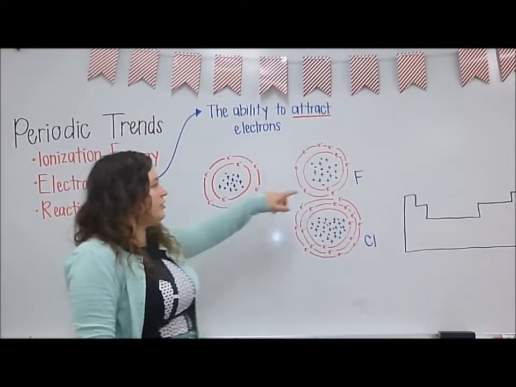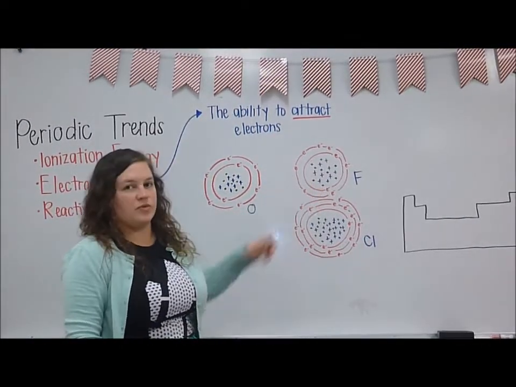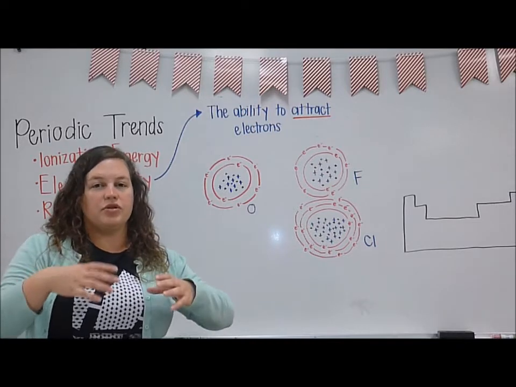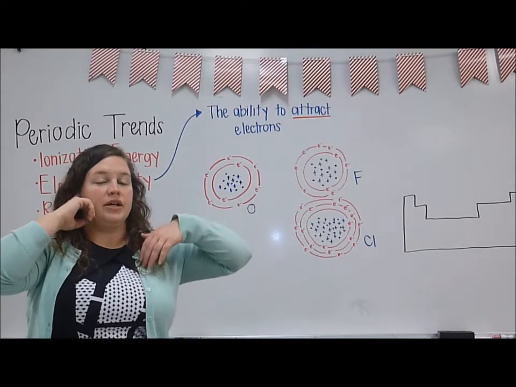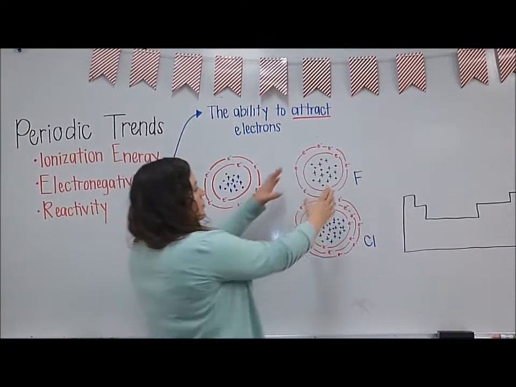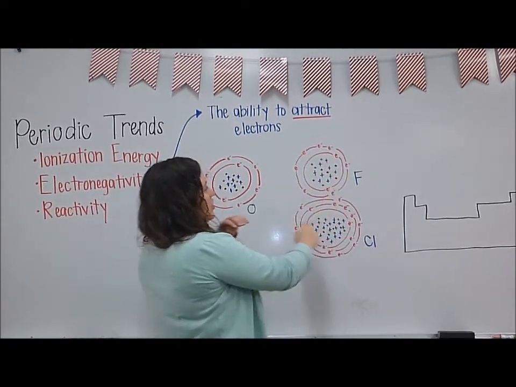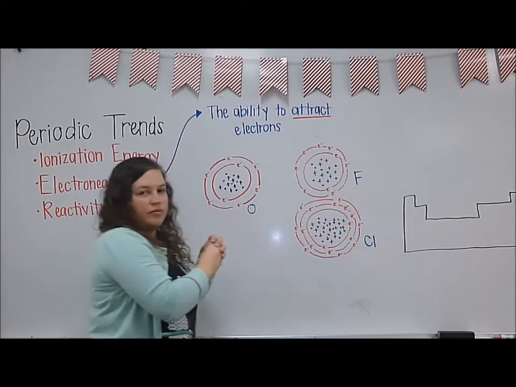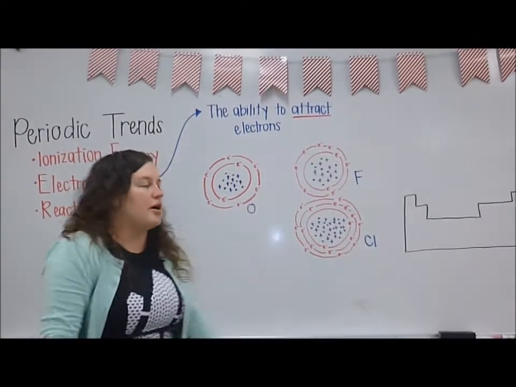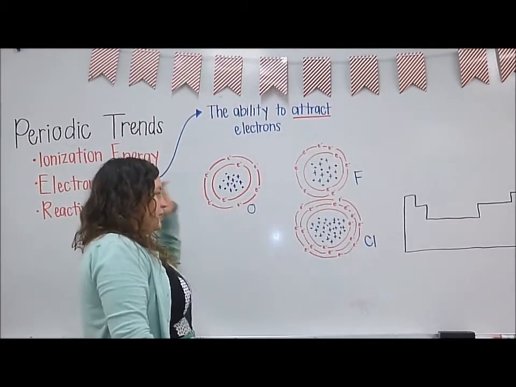But because fluorine has 9 protons, where oxygen only has 8, fluorine can pull electrons from another element a lot easier than oxygen can. Because it has a higher nuclear charge, it can grab an electron from something over on this side of the periodic table, say sodium, better than oxygen could.